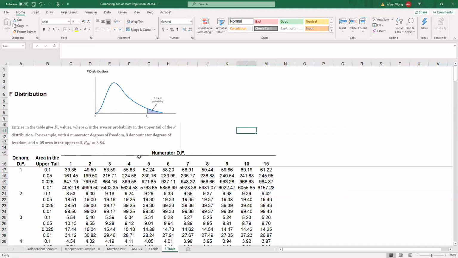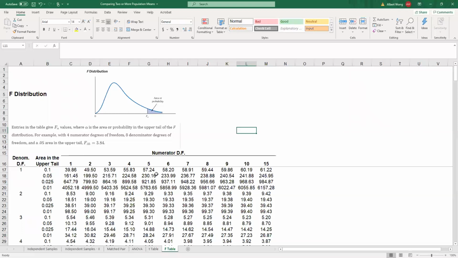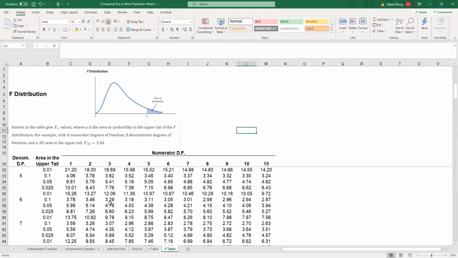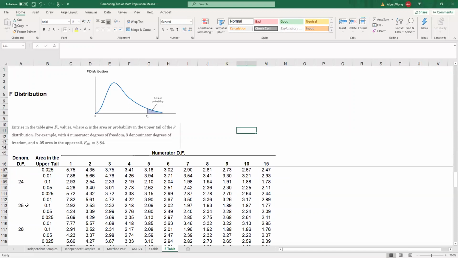In our case, the degrees of freedom are 2 and 29. The numerator degree of freedom is 2, the denominator degree of freedom is 29, so we go down to 29, and then go across to find the numerator degree of freedom of 2.